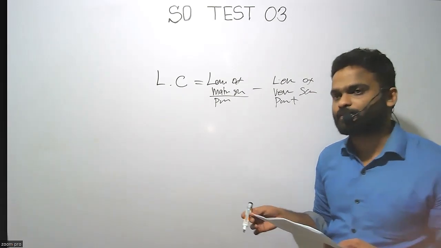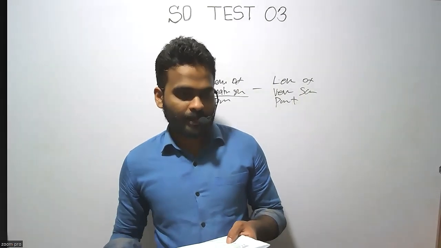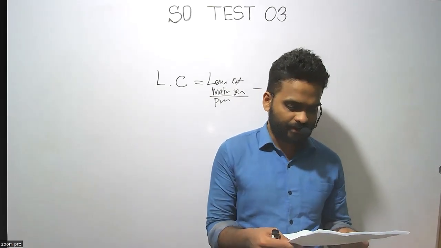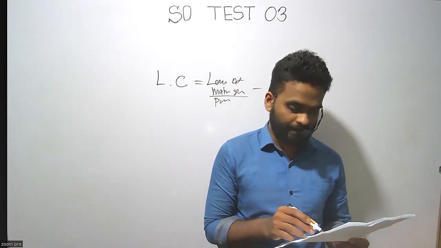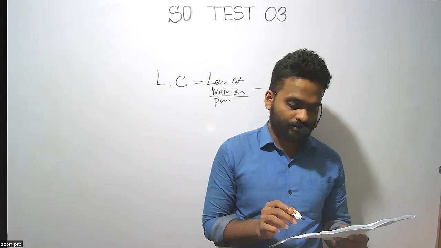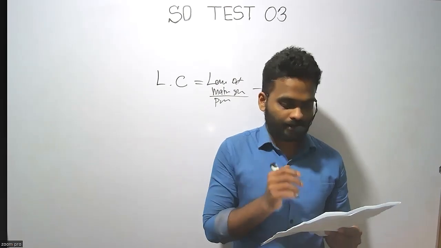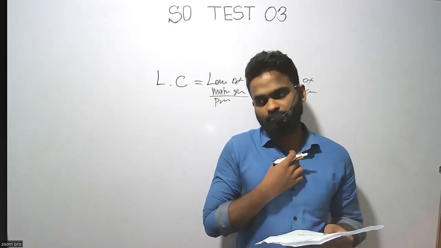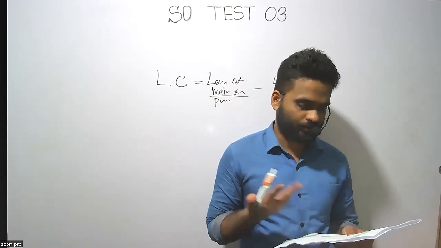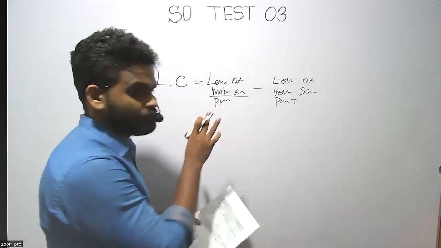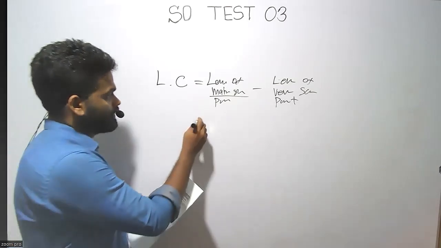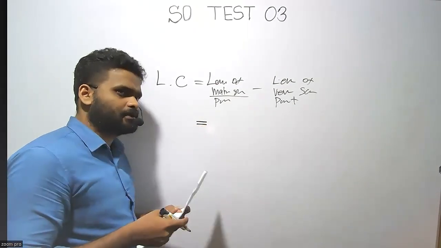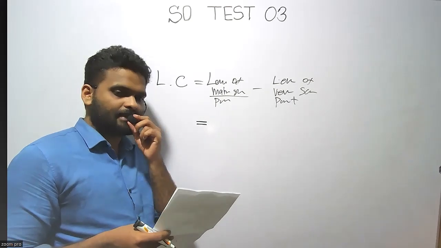Right, fifth one. In a spectrometer, circular scale is calibrated with divisions of half degrees. 14 divisions of main scale are divided into 15 divisions in the vernier scale. Its least count is? Okay, so this also is vernier, so you can use this equation. About the spectrometer, you haven't learned that yet.